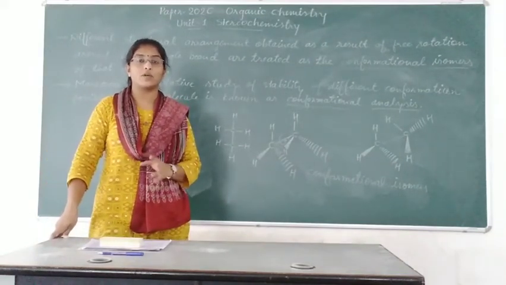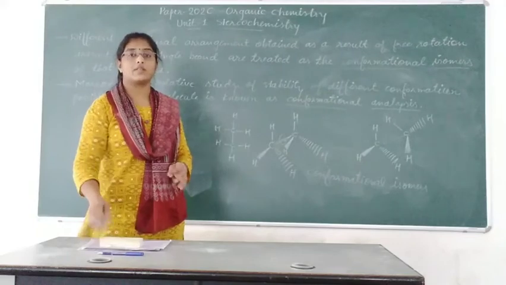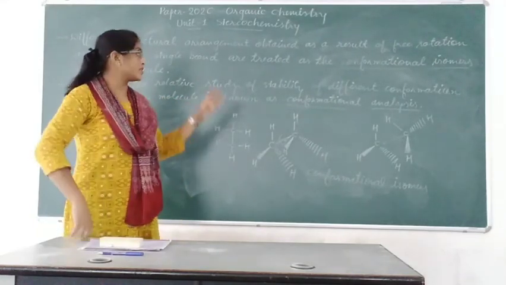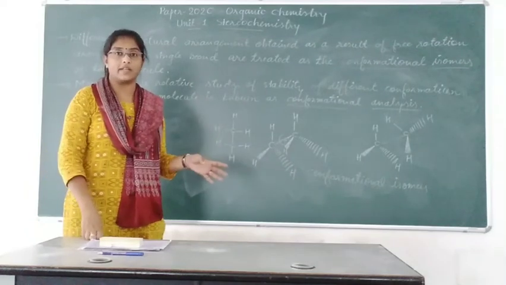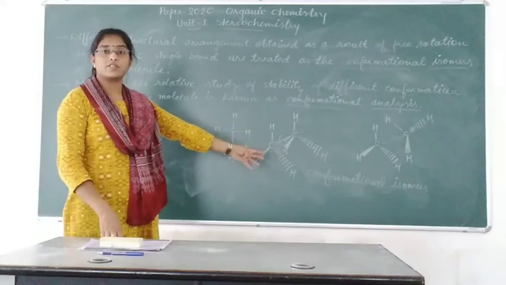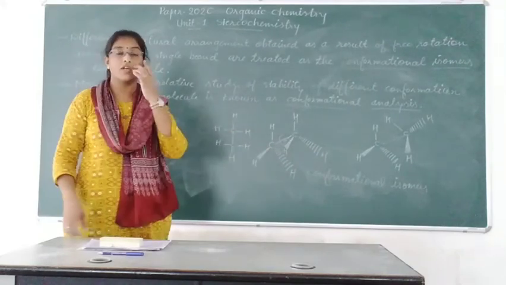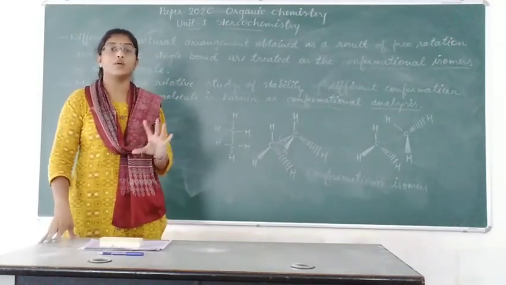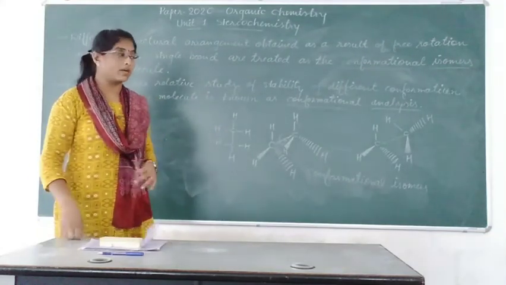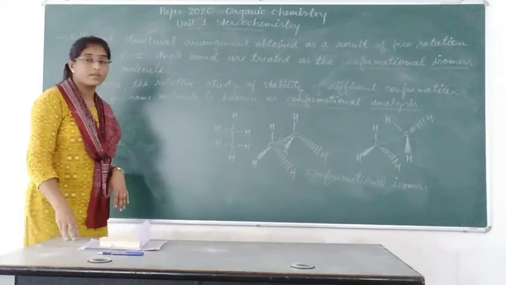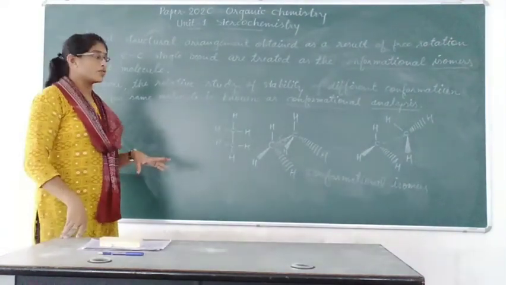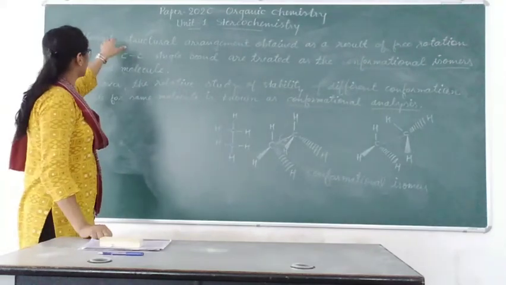If you just concentrate on this, it will be very easy for you if you understand all these things in the starting. I have drawn here the 3D structure of the isomer also. If possible, I will show you the model for this conformational isomer in the next session. I will try to get that model so you can get a better idea.